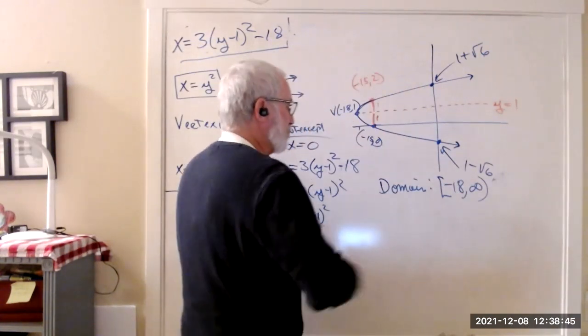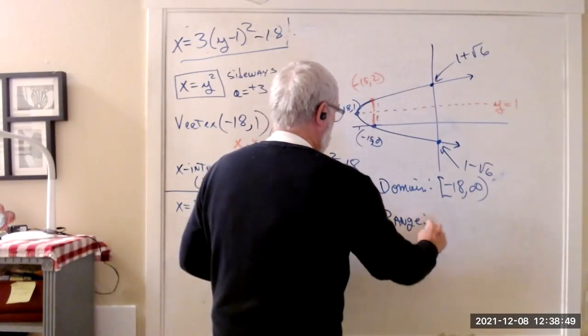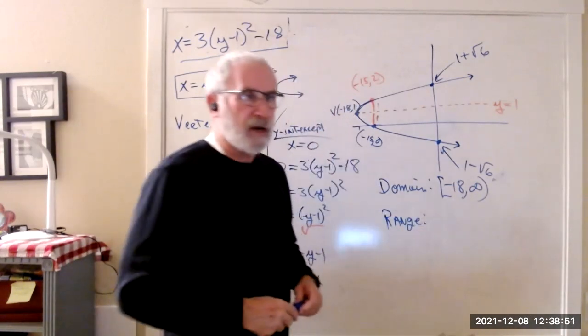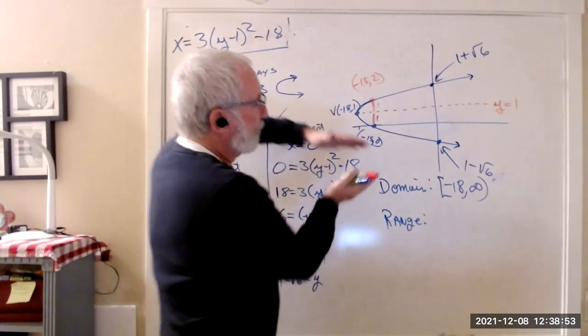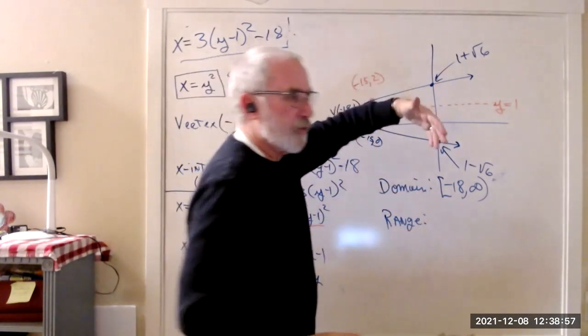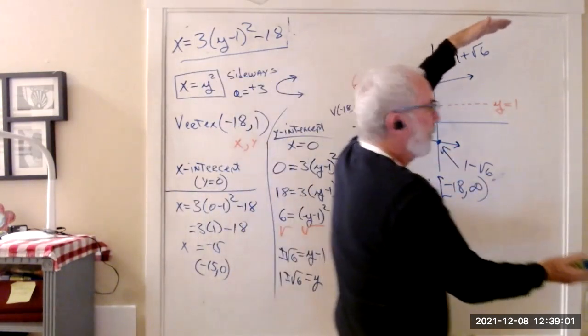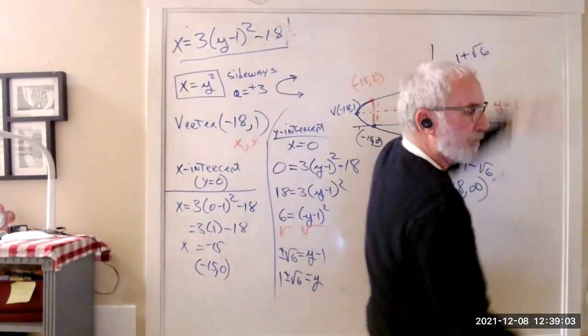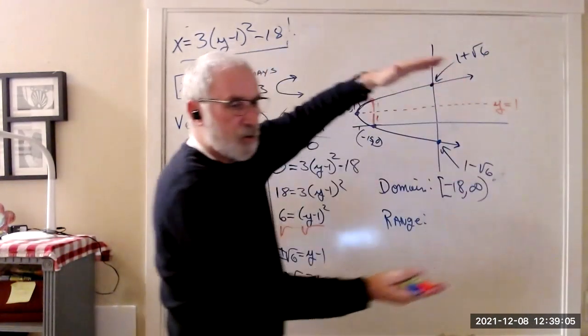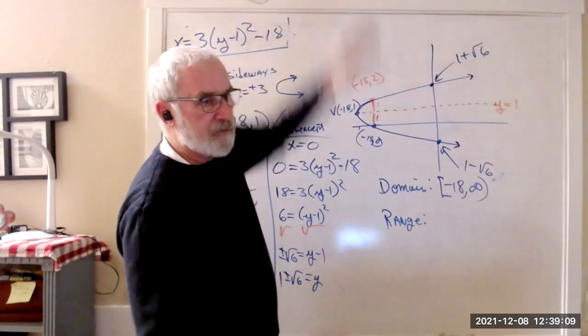The range is kind of tricky. This graph opens up, you just have to trust me, but the graph keeps opening up wider and wider, even though it's sideways. So the y values ultimately contain everything.